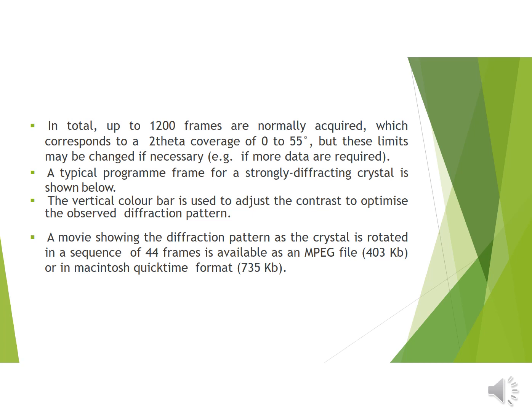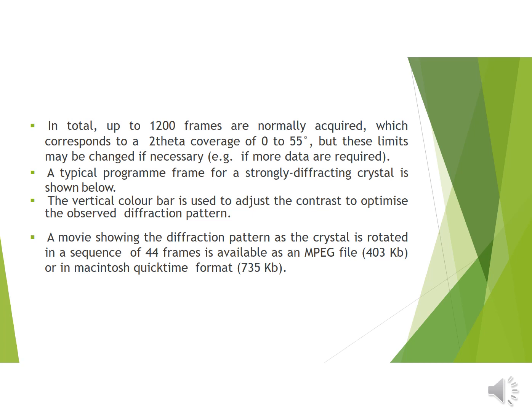So a typical program frame for a strongly diffracting crystal is shown below. Here the vertical color bar is used to adjust the contrast to optimize the observed diffraction pattern.